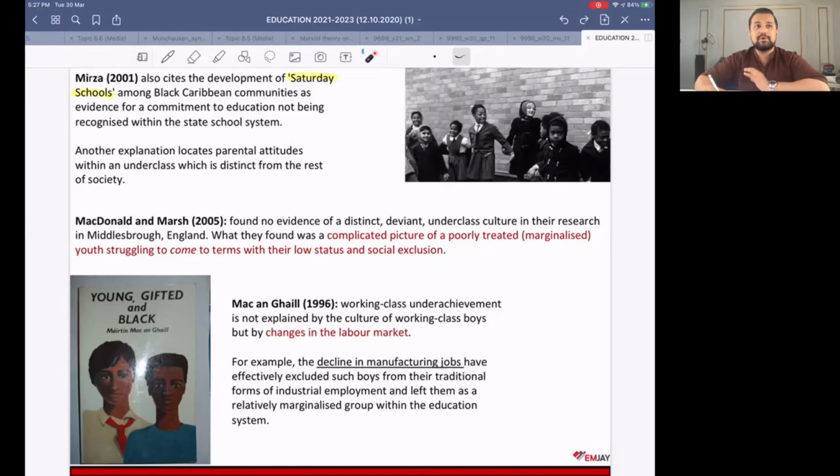But there's a possibility that they're just young individuals who are trying to cope, who are struggling to come to terms with the low status and social exclusion. Everyone would want some sort of acceptance, the good way or the bad way.